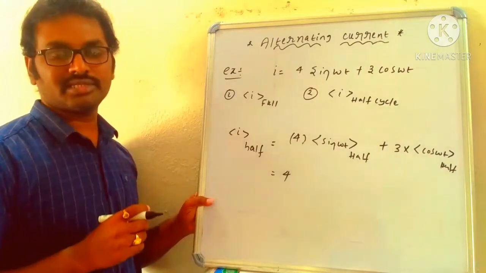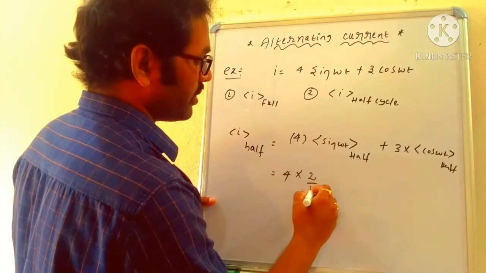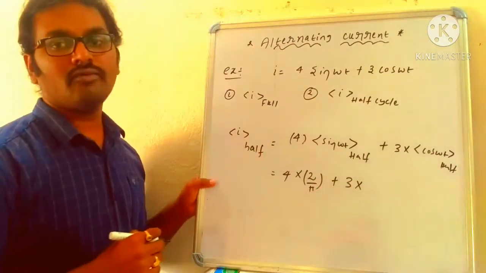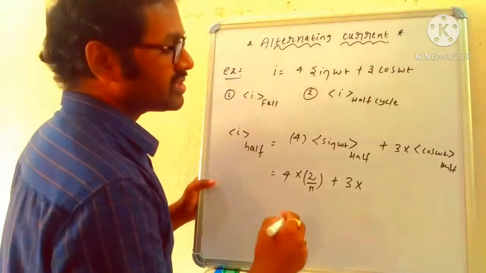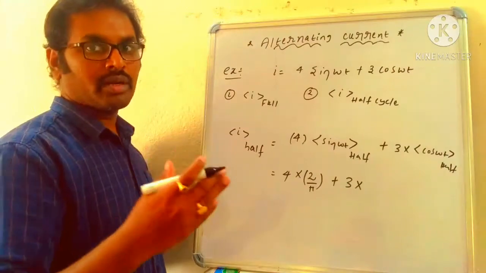We know how much it is. It is 2 by pi. 2 divided by pi plus 3 into average value of cos omega t, which is equal to 0. It depends on the time interval.